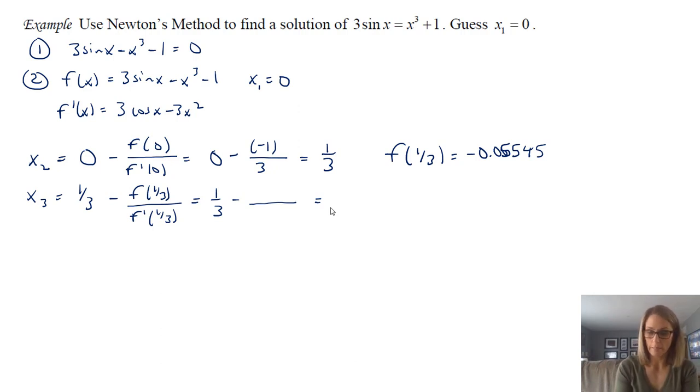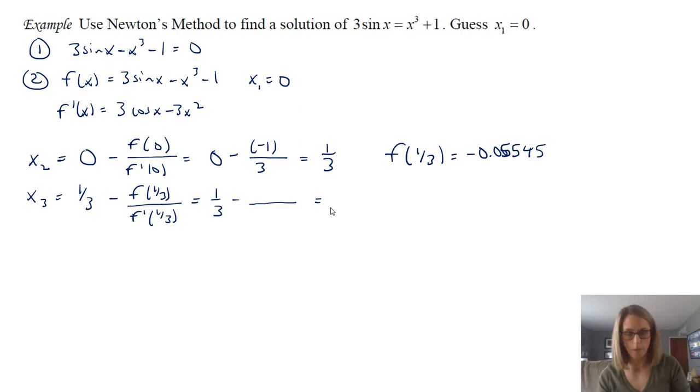But make sure you're in radians. We are doing radians in this. You're not seeing any kind of degrees. So we'll have 3 sine of 1/3 minus 1/3 cubed minus 1.